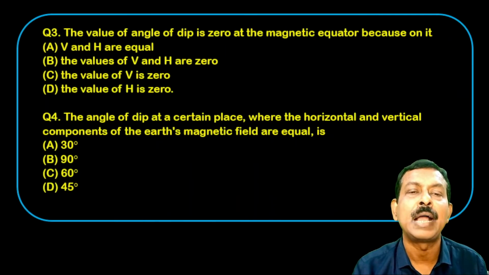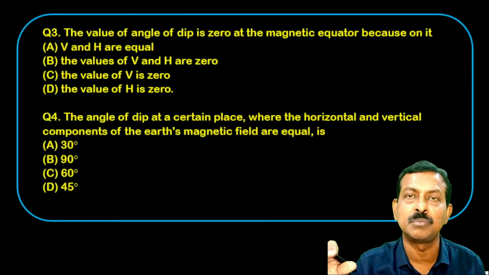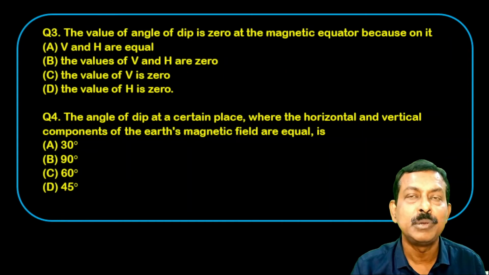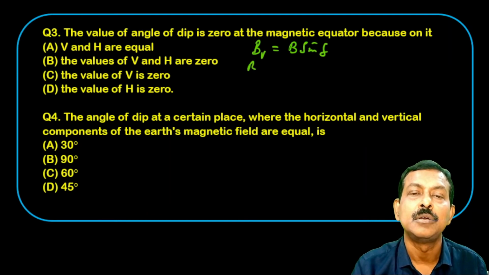The value of angle of dip is 0 at the magnetic equator, because at the magnetic equator, if you consider a freely suspended magnet, it will get aligned in the direction of the magnetic field. So here it will be horizontal, and the angle of dip will be 0. If you consider the vertical component BV, it is B sin delta, and the horizontal is B cos delta.